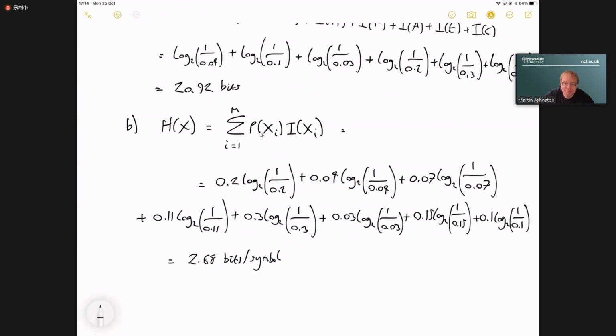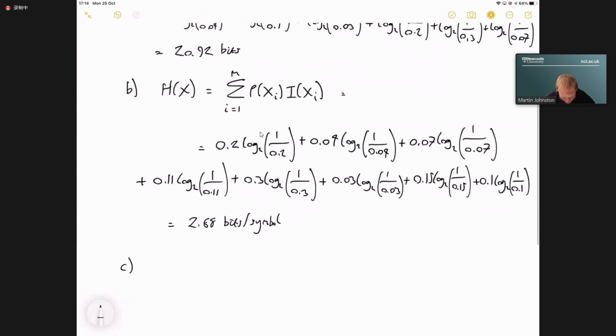Now, the next question. If all 8 symbols are equally likely to occur, what is the source entropy? At the moment, they're not equally likely. Every symbol has its own probability.